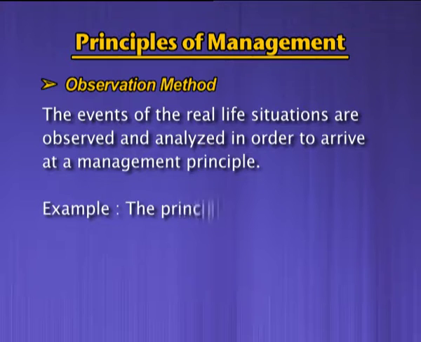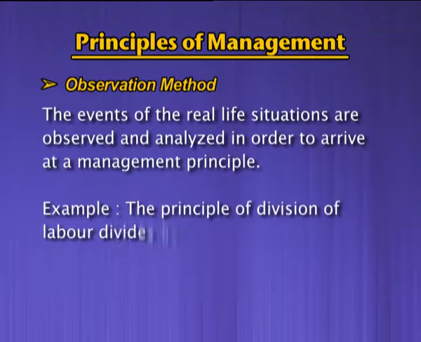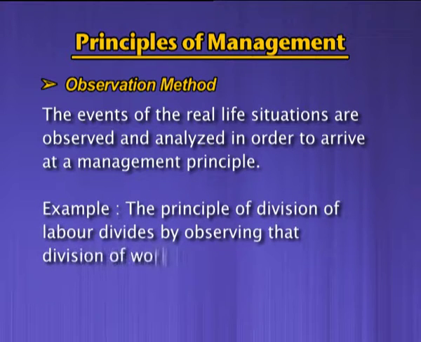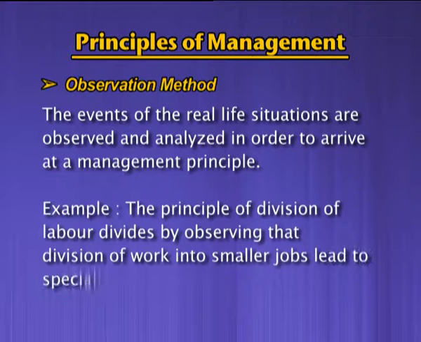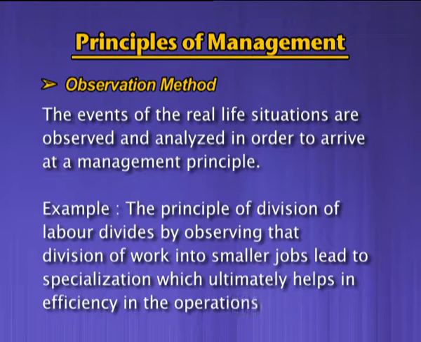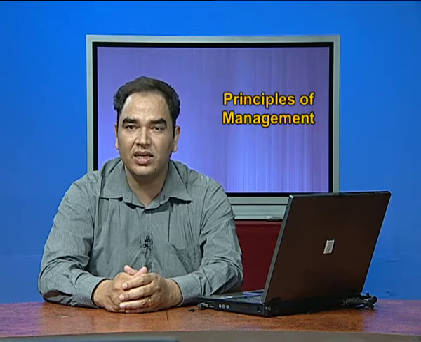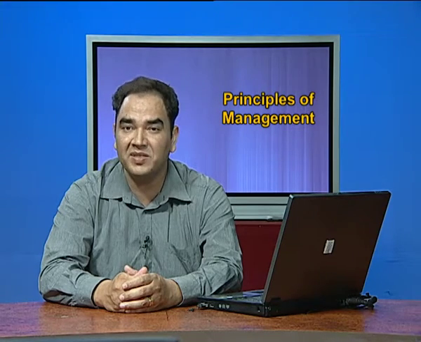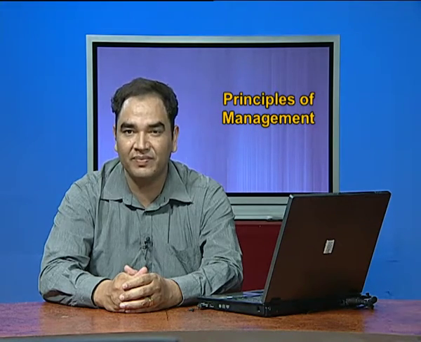For example, the principle of division of labor derives by observing that division of work into smaller jobs leads to specialization, which ultimately helps in the efficiency in the operations. So these are the two ways through which the management principles are derived.